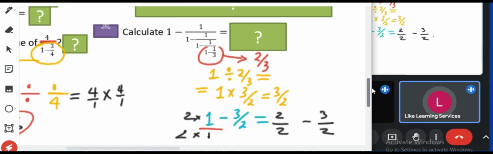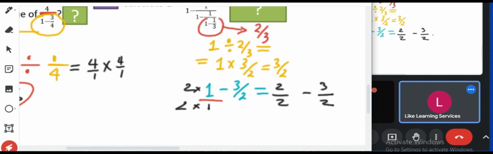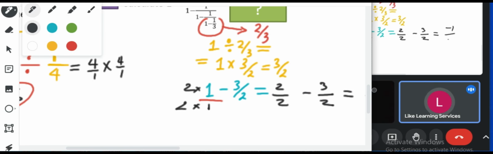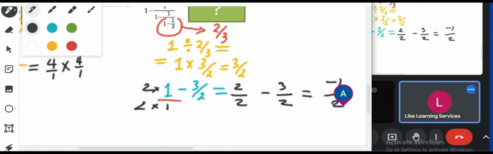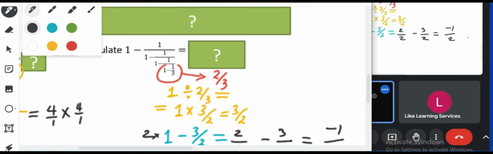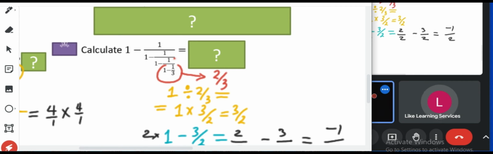So what does that give? Minus 1 over 2. Yeah, that gives minus 1 over 2. So we're getting minus 1 over 2. Alright, so this minus 1 over 2 is just here.